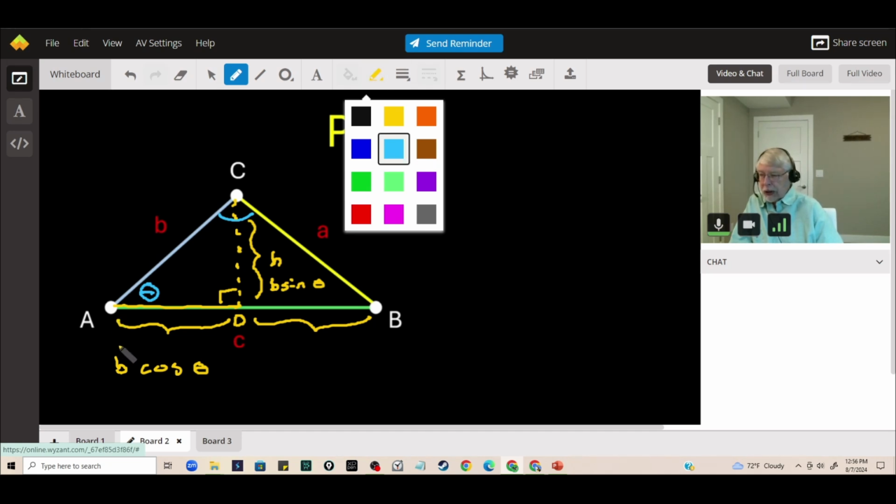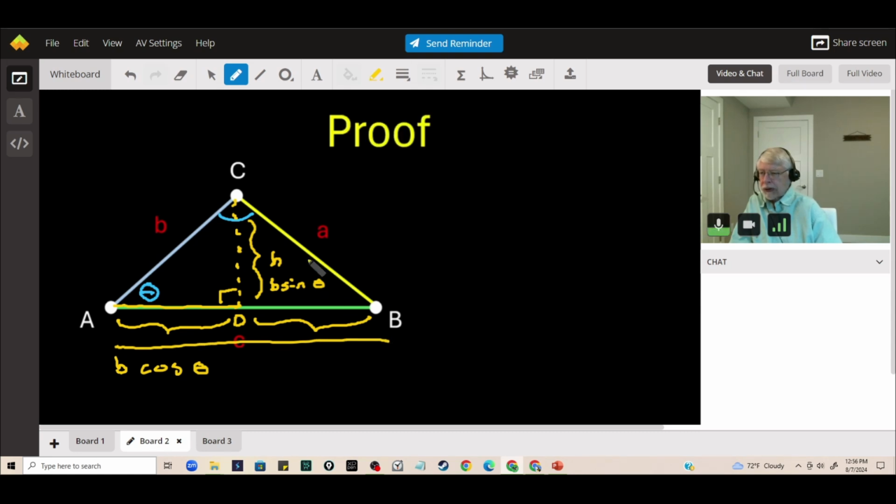We know that this entire distance right here, and I'll move this line up just a little bit so you can see, this entire distance is just C. So for this right here, I'm just going to say that is equal to C minus B cosine theta.